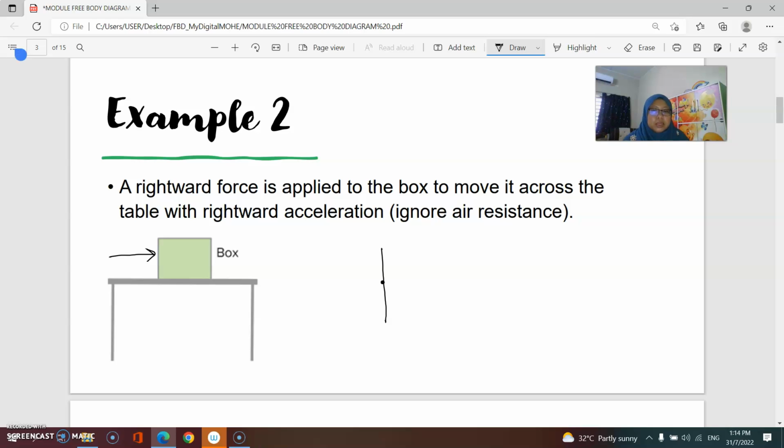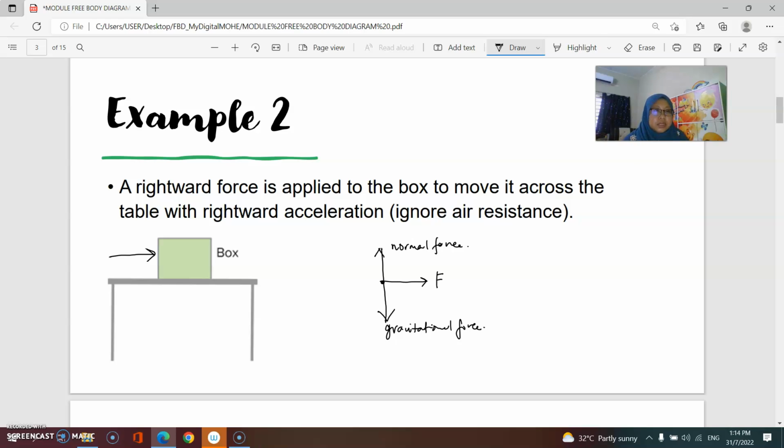So we put a dot here, and we know that there must be a gravitational force, and also a normal force. But the difference now is that we have a rightward force. So it means that we have an applied force here, and we represent it with an F.